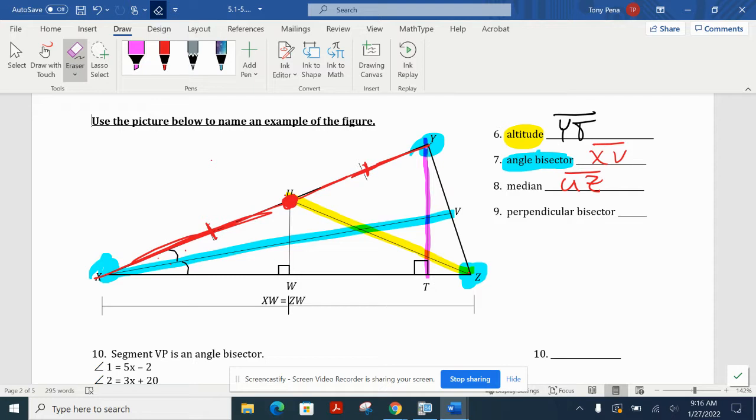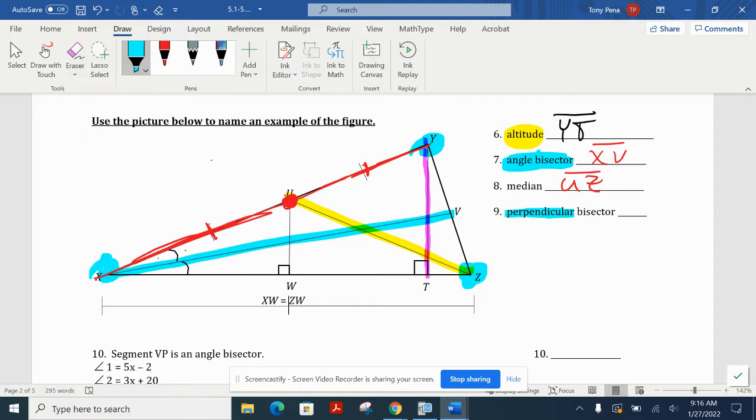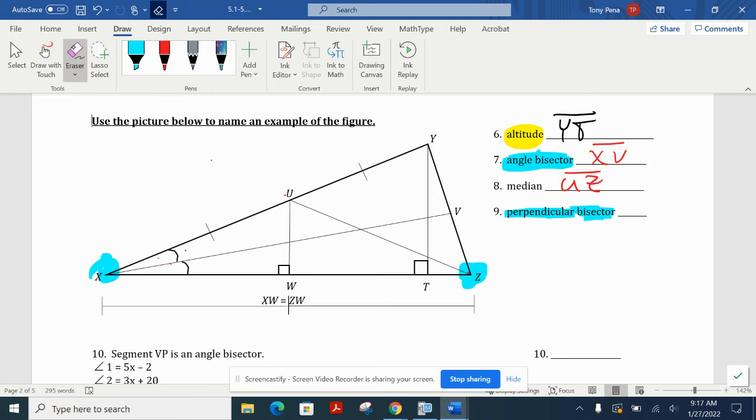All right, last one. Perpendicular bisector. It must do both of these things. It has to be perpendicular, and it needs to bisect the side. This is the only one of these words that doesn't have to come from your vertex. So that is this guy now. Notice how it doesn't come from the vertex, but it does go to the opposite side. Notice how it's perpendicular because we see the little square right here.